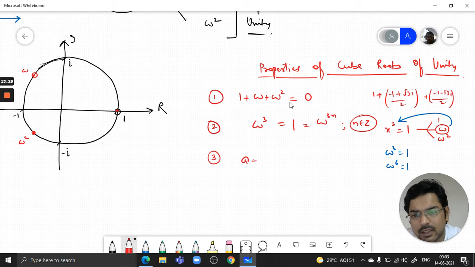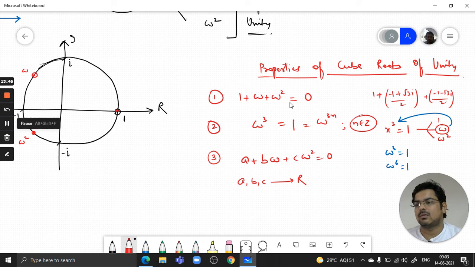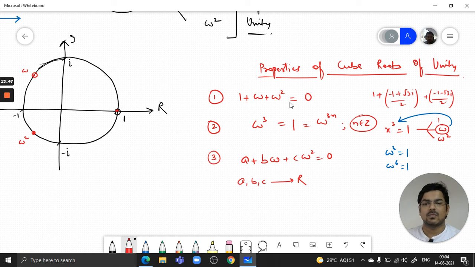One thing I would like to add here is, अगर हमें दिया हो कि a plus b omega plus c omega square is equal to 0, and a, b and c all are real numbers, then we can say that a, b and c will be of equal magnitude.